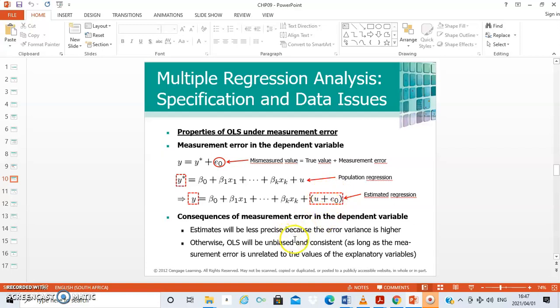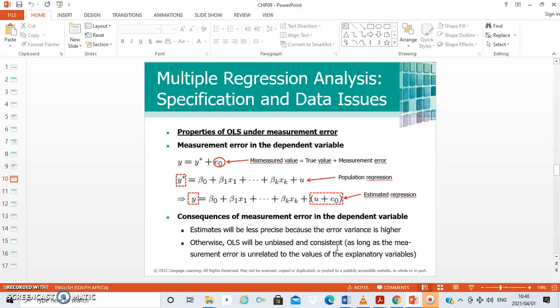Therefore, the consequences of having a mismeasured dependent variable are, first, less precise estimators because of the high error variance. Secondly, OLS will still be unbiased and consistent, for as long as the measurement error is not related to the explanatory variables.